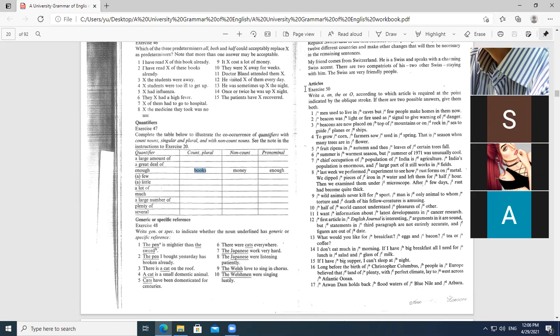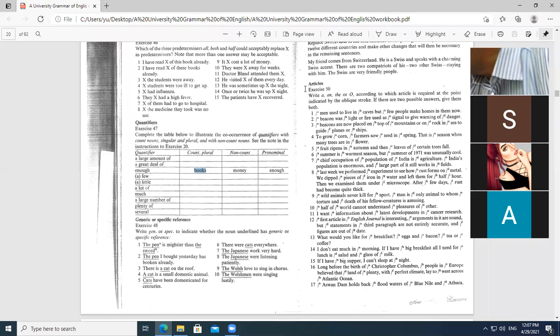Or on a rock. We can't say the rock here. It's a rock, because it is not known; we mentioned it for the first time, so we use a rock.